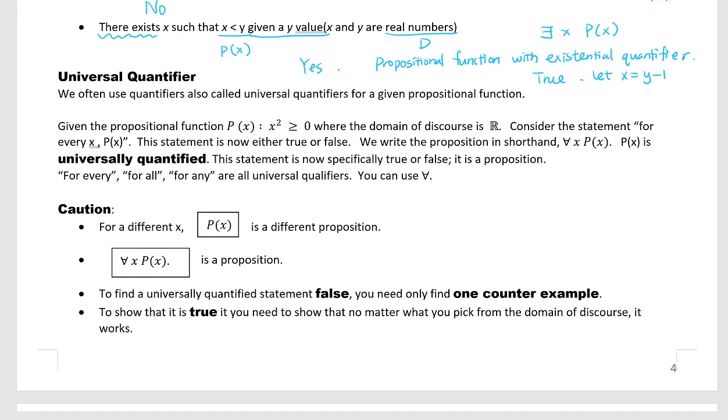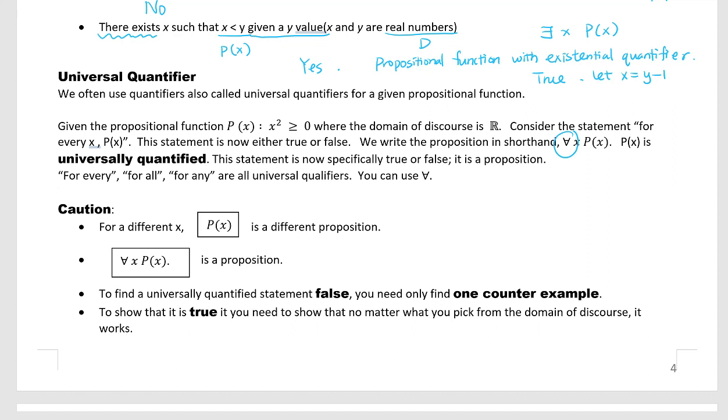Well, this statement is now either true or false. We write this proposition in shorthand as for all x, with this symbol meaning for all. So for all x, p of x. Then p of x is universally quantified. The statement is now specifically true or false.